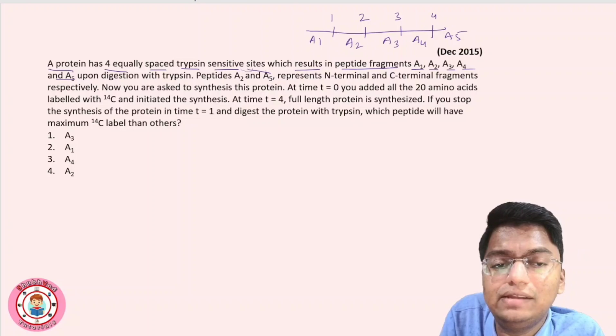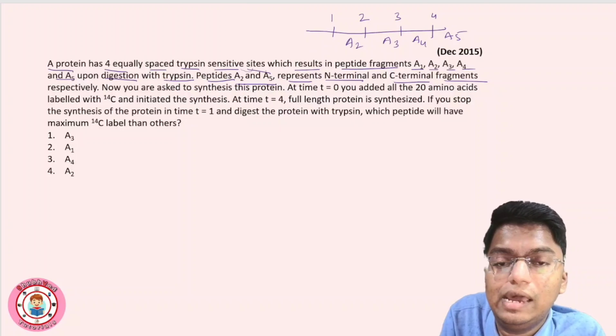after digestion with trypsin. Peptides A2 and A5 represent N-terminal and C-terminal fragments. ये दिया है question में, so I will erase this. As we know, ये N-terminal होता है and ये C-terminal, right?